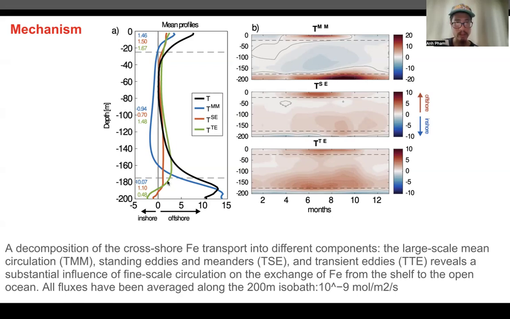And in the bottom boundary layer, eddies actually work against the mean ocean circulation to transport iron inshore. But here, because the impact of the mean circulation is much larger than the impact of eddies, we still have high offshore iron transport.